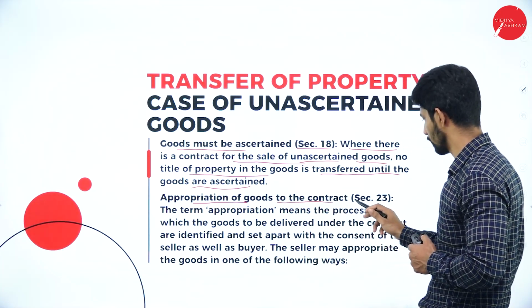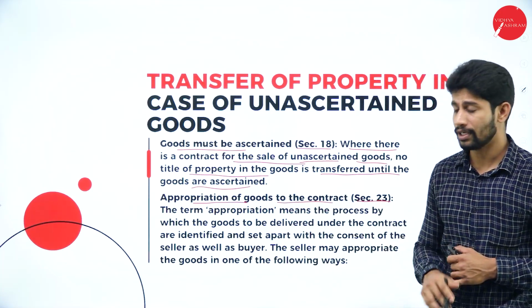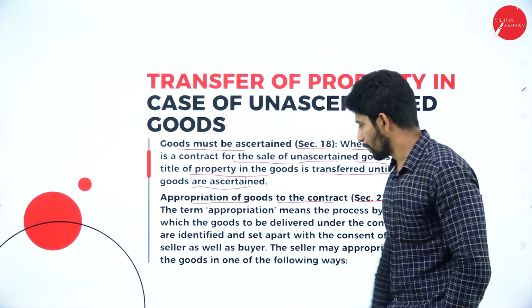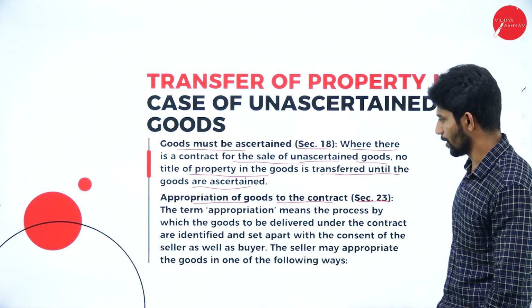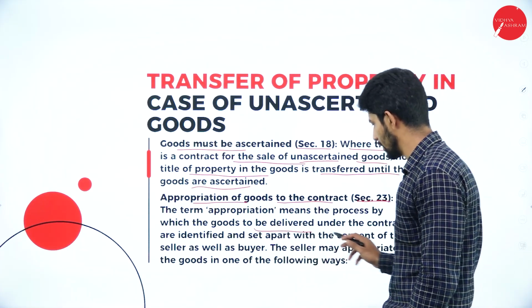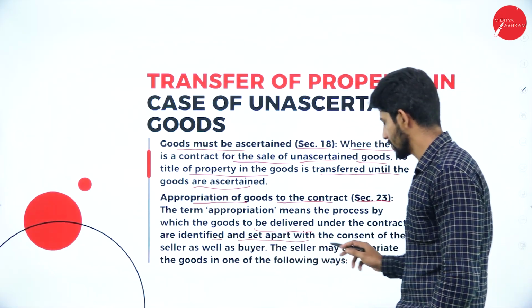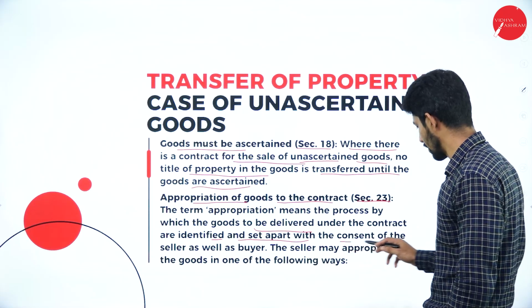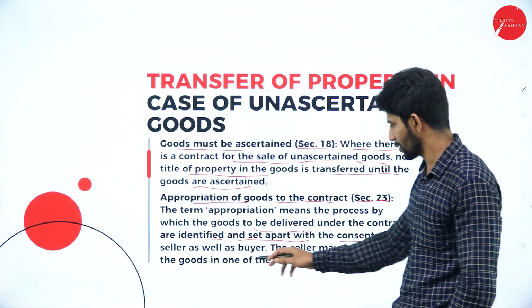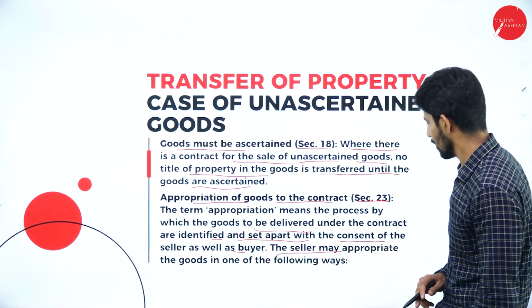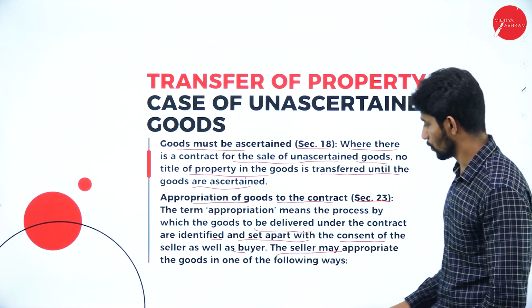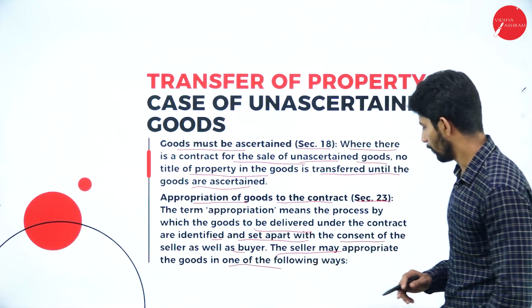Next, appropriation of goods to the contract, section 23. The term appropriation means the process by which the goods to be delivered under the contract are identified and set apart with the consent of the seller as well as the buyer. The seller may appropriate the goods in one of the following ways.